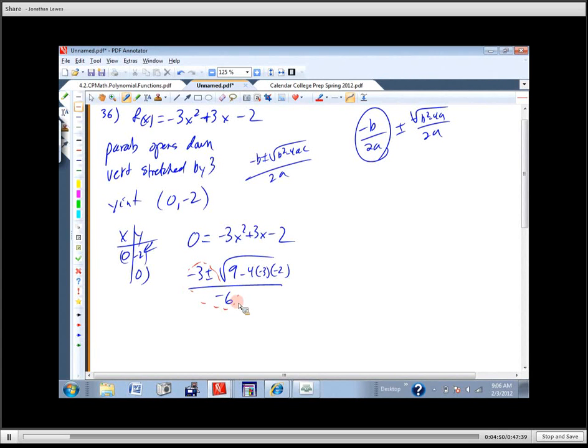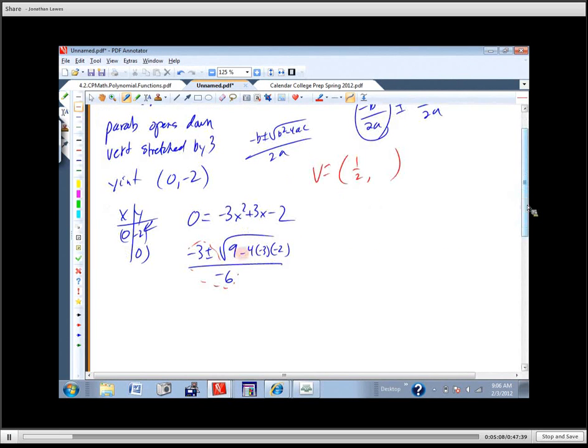The x-coordinate of the vertex is going to be -3 divided by -6. What's that? 1/2. We know the x-coordinate of the vertex is 1/2. Okay, so this is going to be (1/2, ...), figure out what that is in just a second. Okay, let's go ahead and finish this off. Am I going to be adding something to 9 or subtracting something from 9? I'm going to be subtracting.